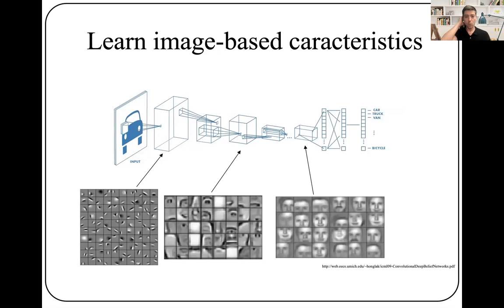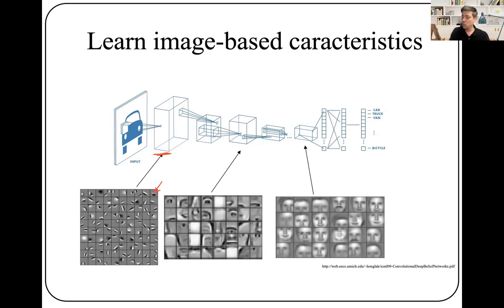Right, so what is the network learning? Well, again, this is going to be covered in more detail, so I'm not going to spend too much time, but essentially what we learn in the first layers of the network are very simple features representing edges and, for example, blobs.